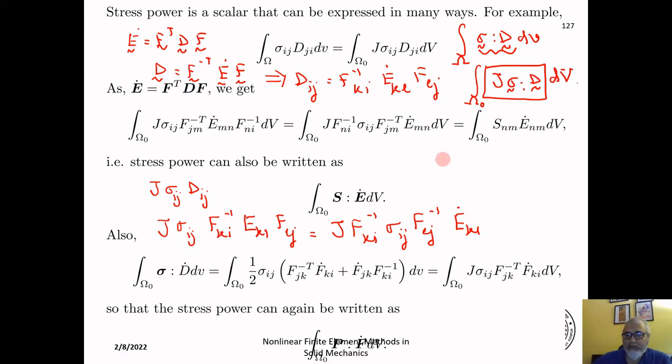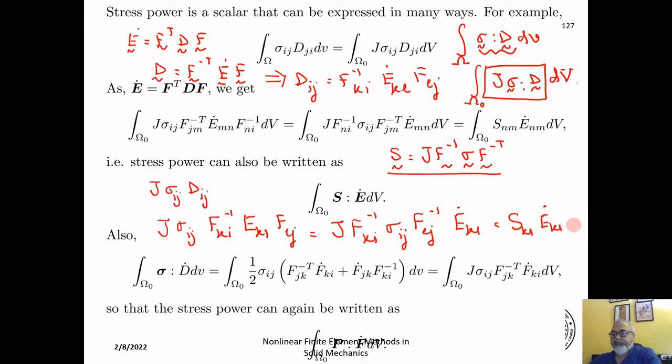Now remember that S is equal to J F inverse sigma F inverse transpose. This is the relation between the second Piola-Kirchhoff stress and sigma. And if you look at this closely, you will see that this is SKL E dot KL.